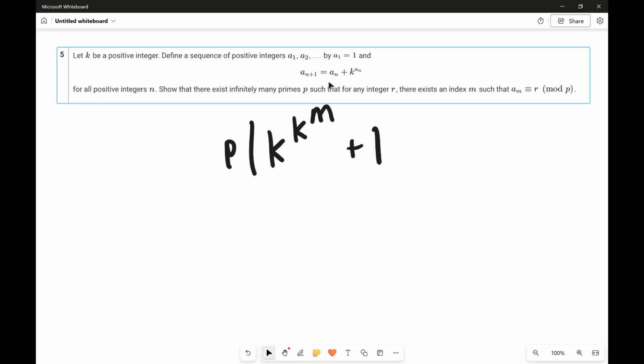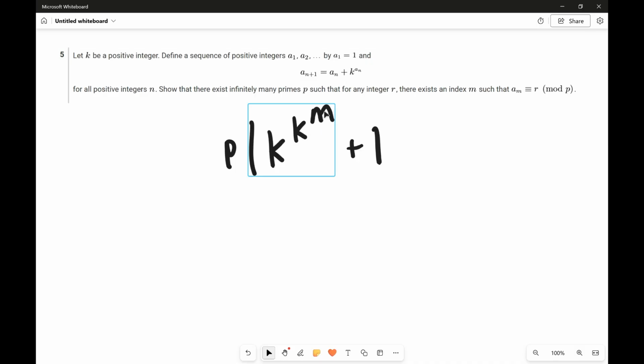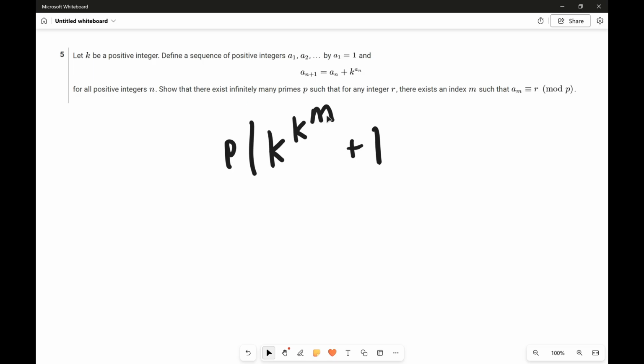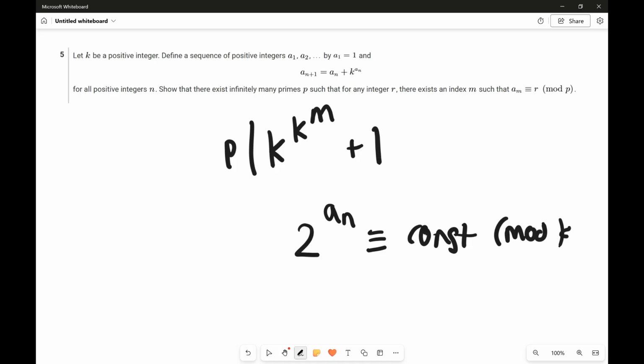Then these terms grow humongously large, so that means that this term evens out modulo k to the power of m. So therefore, the sequence is eventually constant modulo k to the power of m, which would mean that 2 to the power of an, we would want it to be constant mod k to the m plus 1.